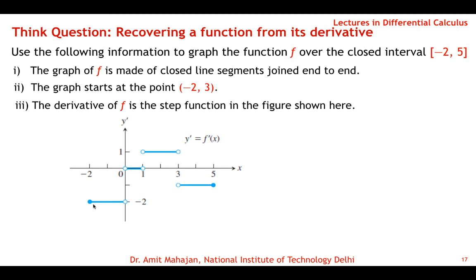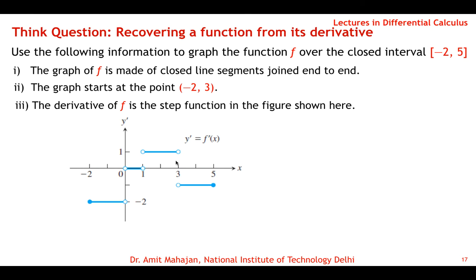We have to draw f such that they are line segments joined end to end. For example, here from 0 to 1 the derivative is 0, meaning the slope is 0. We know that when the slope of the function is 0, there will be a horizontal line. So corresponding to this there will be a horizontal line. Here the slope is 1 from 1 to 3 in x values. When x varies from 1 to 3, the corresponding slope value is a fixed constant number, which is 1. So what should be the corresponding function?